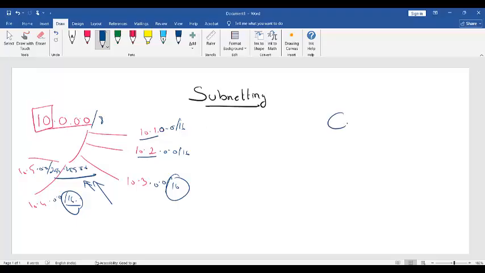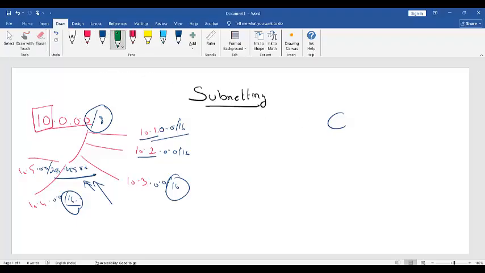CIDR. Why? C, classless. This is classful, and now you make it classless. If I put an 'a' in front of anything, it becomes the opposite, in Greek.